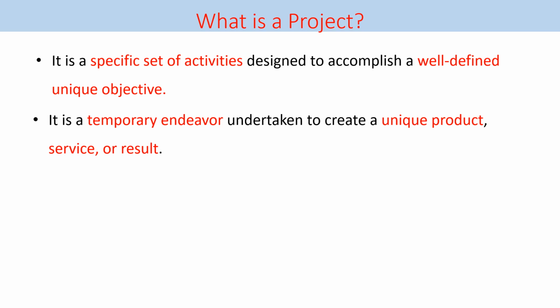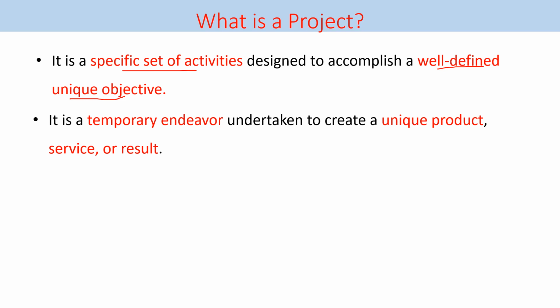Let us see the first definition: a project is a specific set of activities designed to accomplish well-defined, unique objectives. Just note the red colors: the well-defined, this one, and this one.